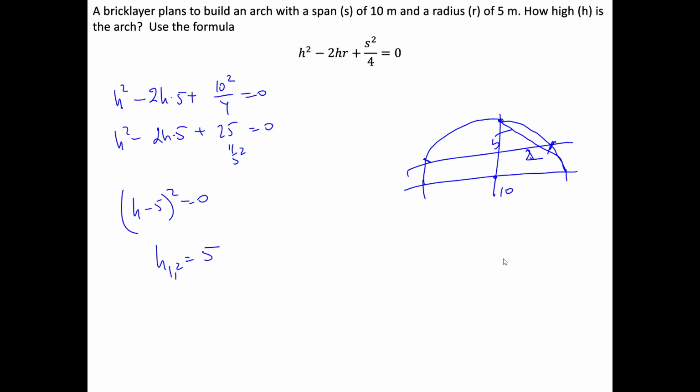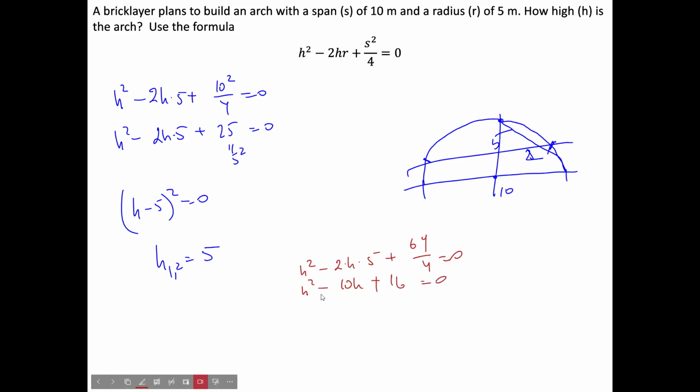So if it was 8, h squared minus 2 times h times 5, right? Plus 64 over 4 equals 0. So h squared minus 10h plus 16, right?